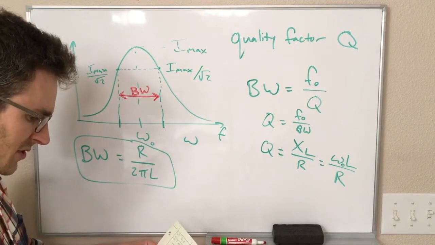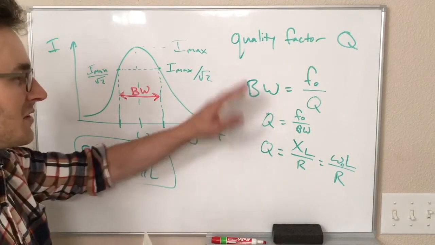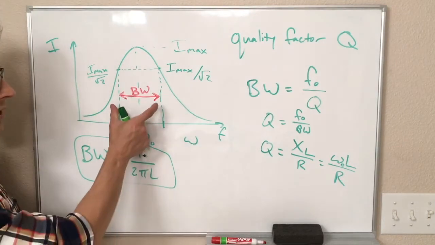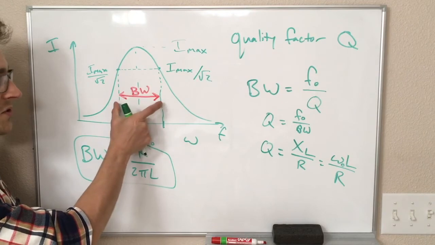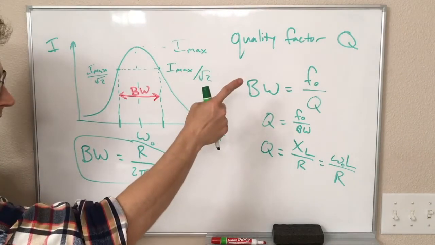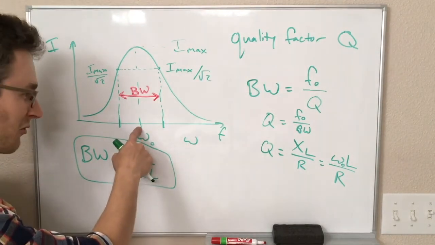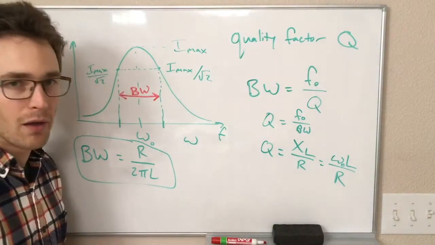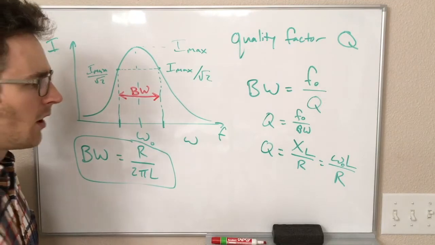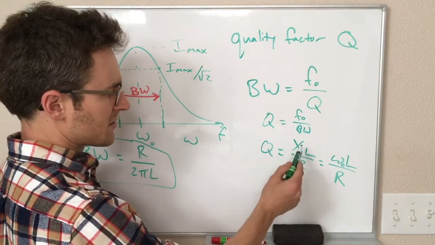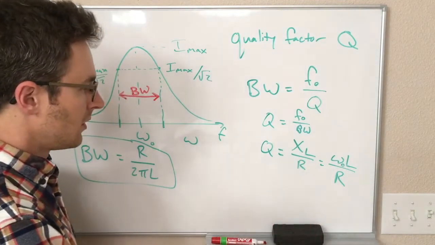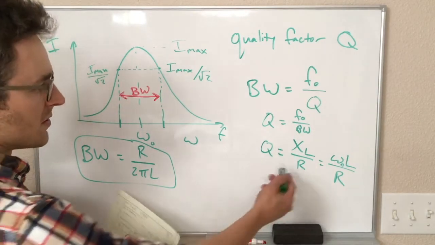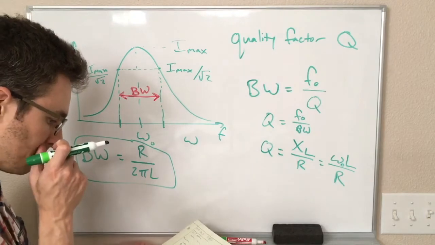These equations come in useful at various points, but I want you to understand that there's a relationship between how wide this is, this thing called the quality factor, the resonant frequency itself, and our actual values of L, R, and C in the circuit. There's another version of this equation that has XC in it also. It's not important. You can use either one. The other version is in the book as well.